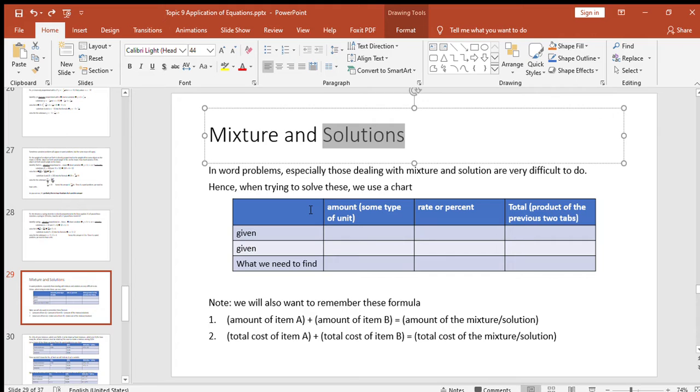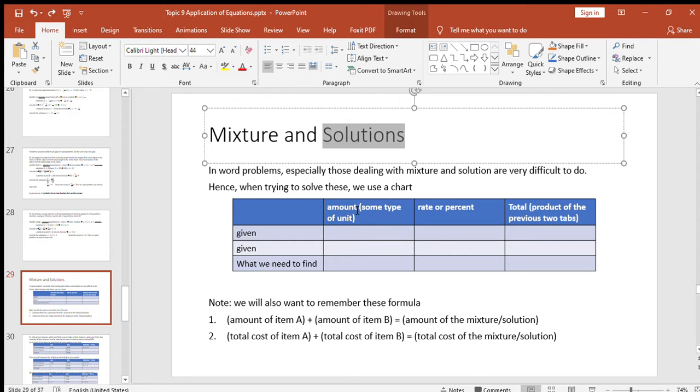So what's inside our chart? Well, we'll talk about our first row. If we look at the second column, we have amount. What is amount? It can be some kind of counting number, like there's 5 of something, or it can be gallons, ounces, whatnot.